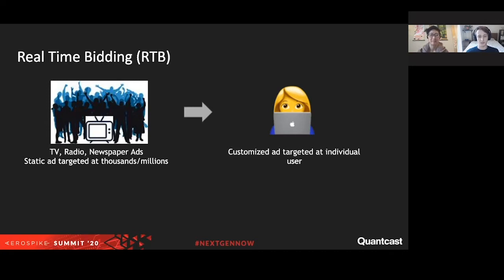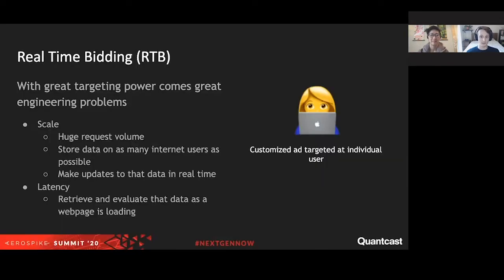But it doesn't let you really target the sort of people that you want to actually reach. It doesn't let you reach specific audiences. But on the internet, we can actually tailor ads for individual users while a page load is happening. So that's really what's happening here: as web pages are loading, our algorithms are trying to pick the most relevant ads to show users at that specific point in time.